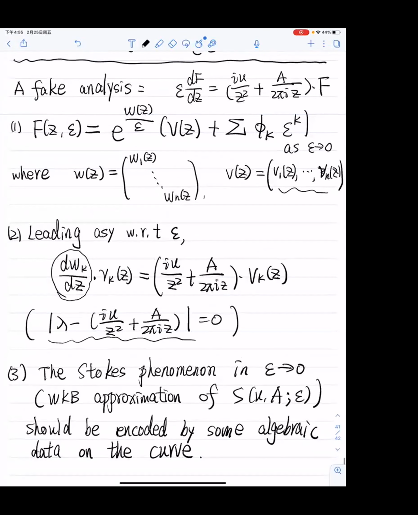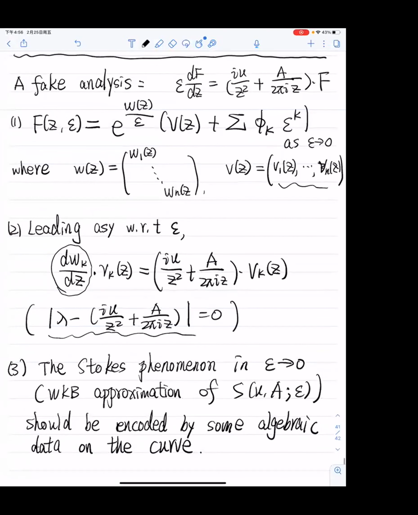If we recall the definition of the Stokes matrix, we see that the leading asymptotics of the Stokes matrix should be encoded by some jump or some period on this spectral curve if we go through this analysis. But of course, this is quite a fake analysis.